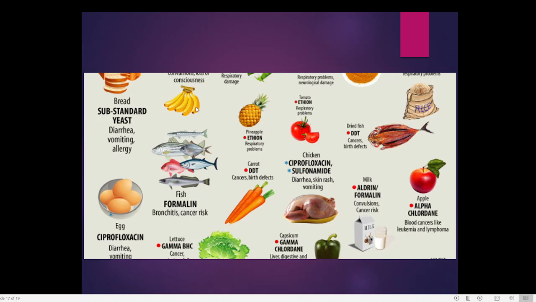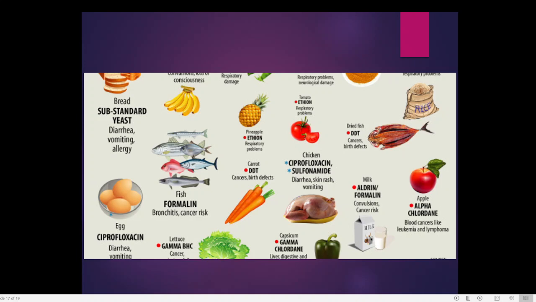Then in case of pineapple, people will be using an ingredient known as ethion. Ethion has the capacity of creating disorders in your lungs, the respiratory tract, etc. So respiratory problems will be common. In case of tomato also, ethion is a biochemical used especially for faster ripening.